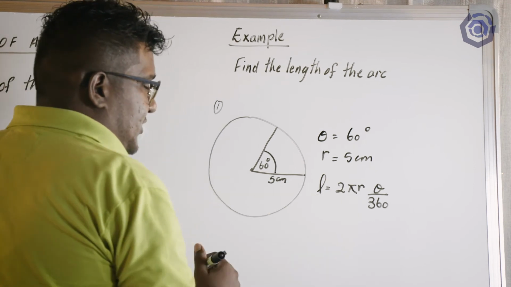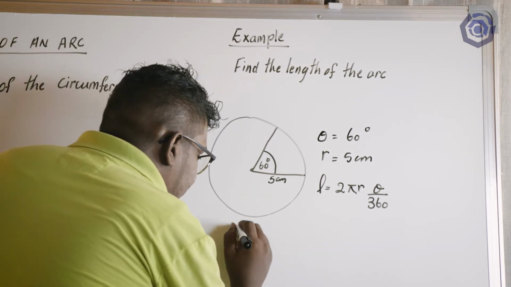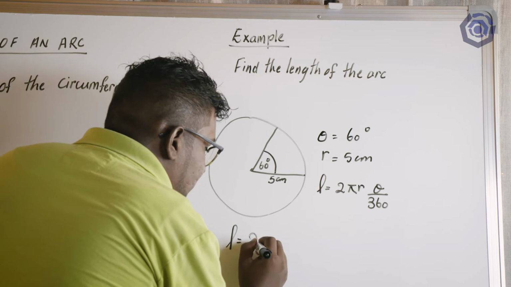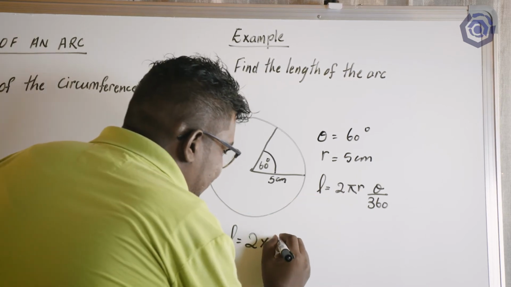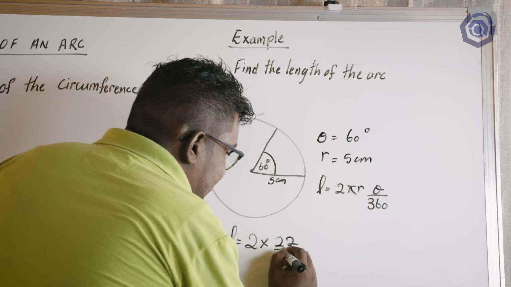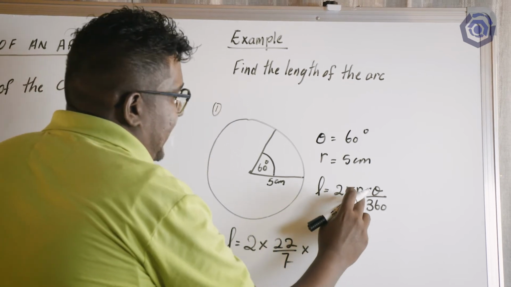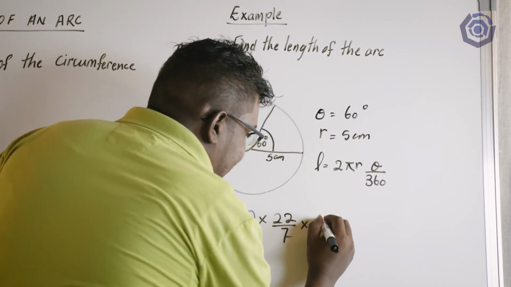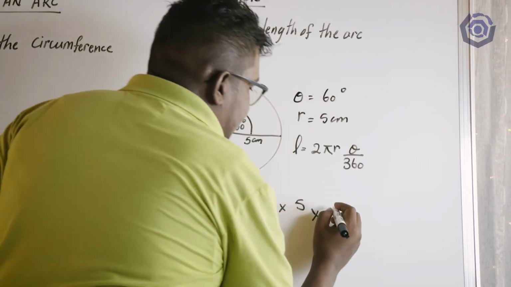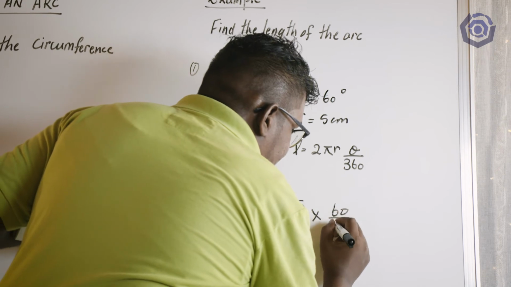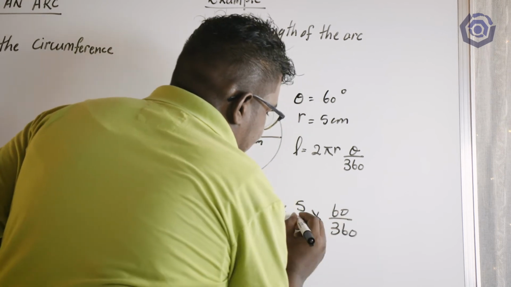So let's start substituting. L is equal to 2 multiplied by pi, which is 22 over 7, multiplied by r, which is given as 5, multiplied by theta, which is 60 over 360.